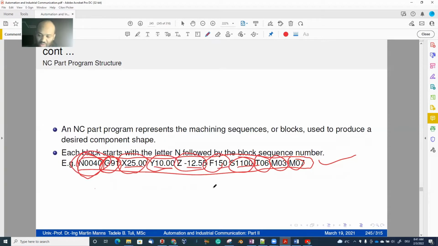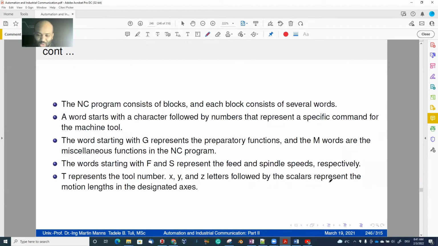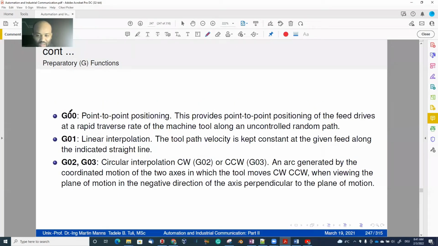This is a syntax, and today's main topic is to interpret these things. How does the machine know this? You know, this is some magic formula, but how the machine interprets this is really interesting for us. As I said, maybe you don't have to really know everything, but you have to know some of the basics.